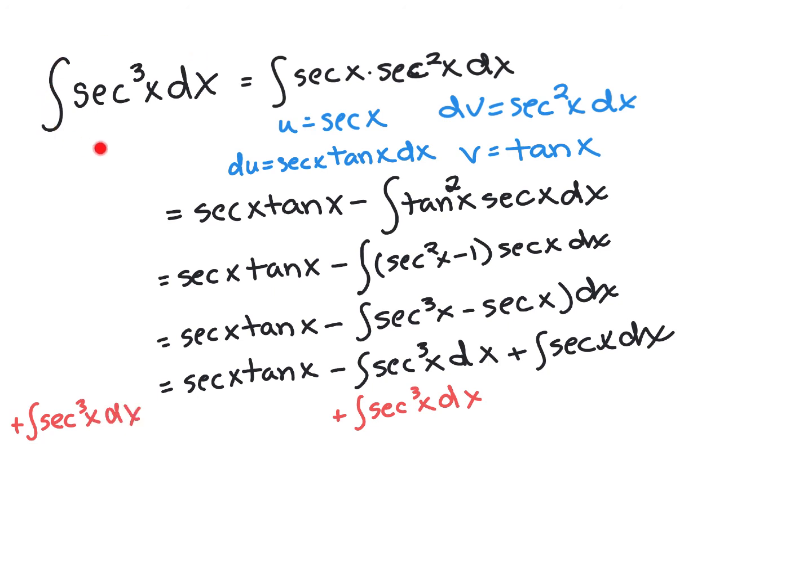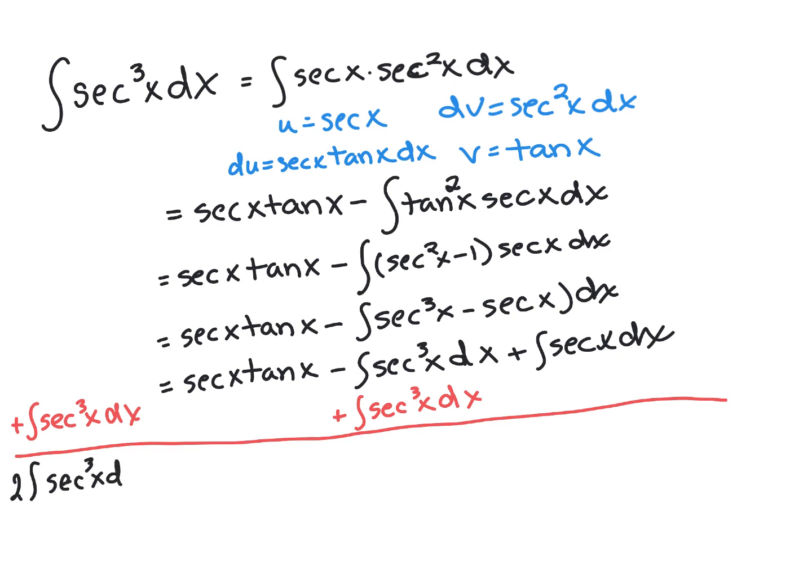This is going to give me 2 integrals of the secant cubed on the left. We were looking for 1, so we're going to have to multiply both sides of the equal sign by 1/2.